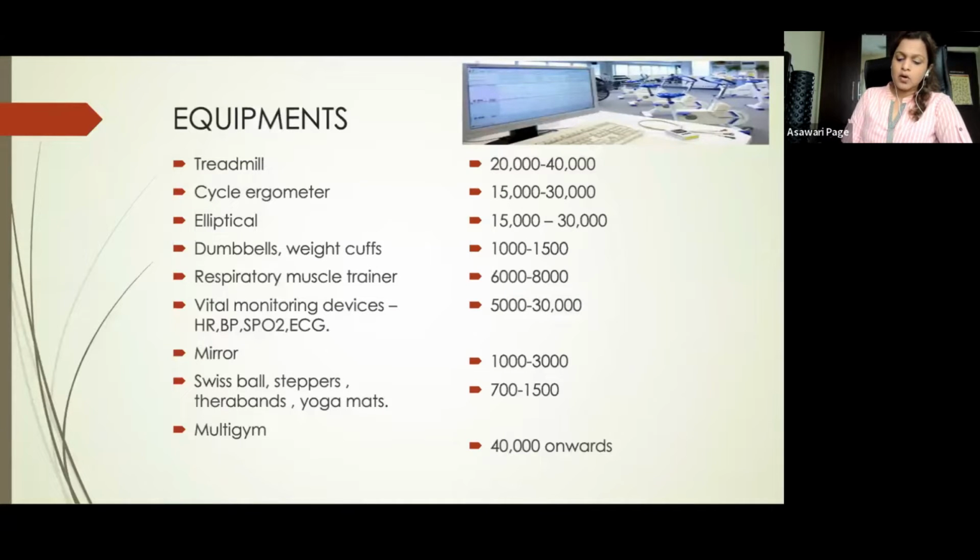So when we talk about equipments now, this is the basic list of equipments. As I said, depending on how much budget you have, you will have to decide how many treadmills, how many cycle ergometers you want to purchase, and do it accordingly. But in any setup, you need these basic equipments: a treadmill, an ergometer, an elliptical, right?